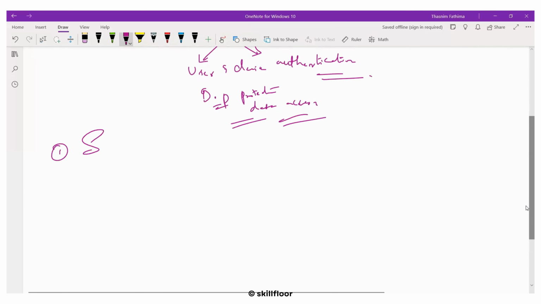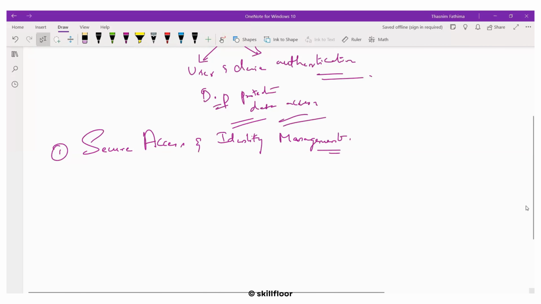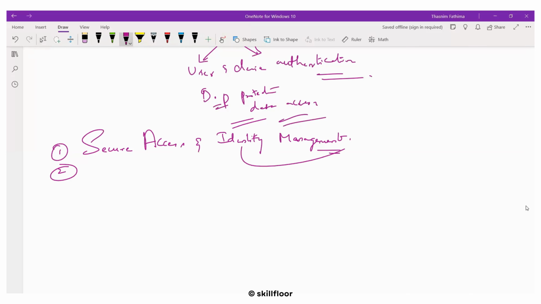So firstly, we have secure access and identity management. Here, controlling access is one of the important best practices of cloud security. Since the data and infrastructure are accessed over the internet, we have IAM, which is abbreviated from identity and access management.